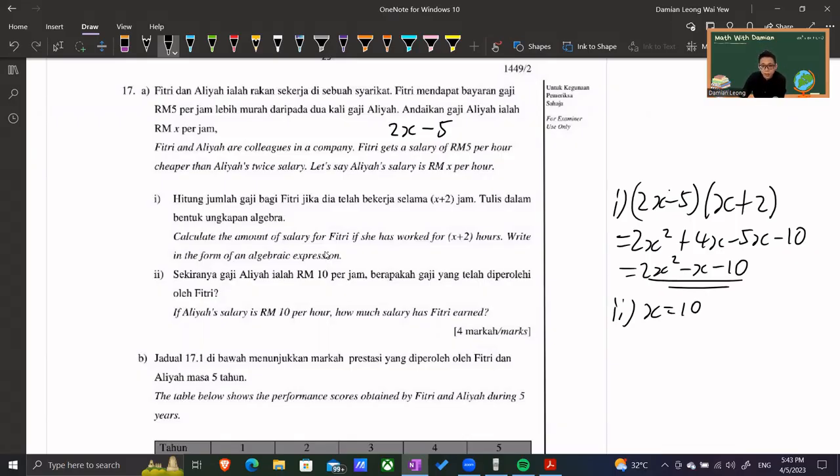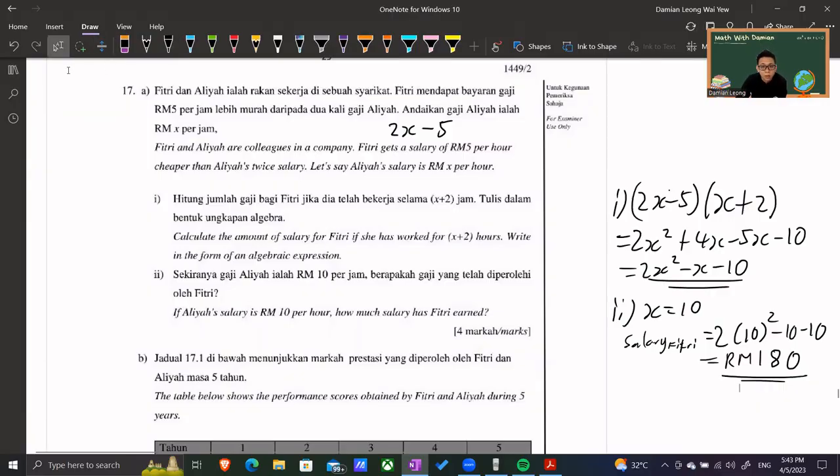So how much has Fitri earned? The salary for Fitri is basically this, so just substitute the x value. 2 times 10 squared minus 10 minus 10. So 200 minus 20, 180. That's it.